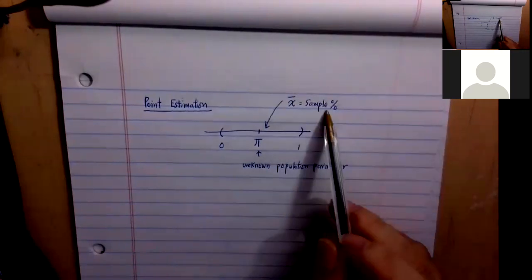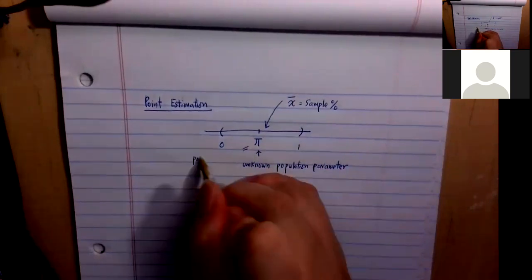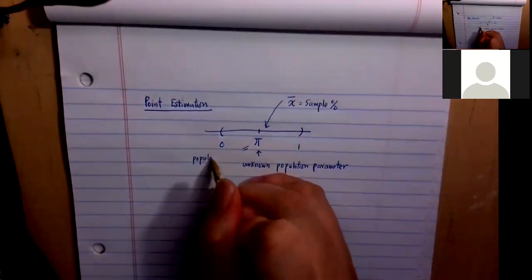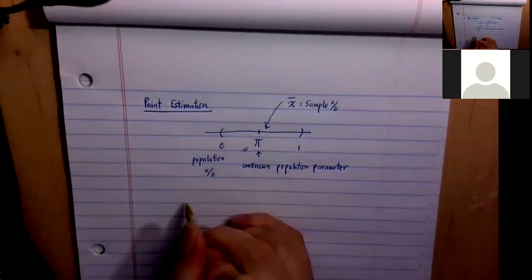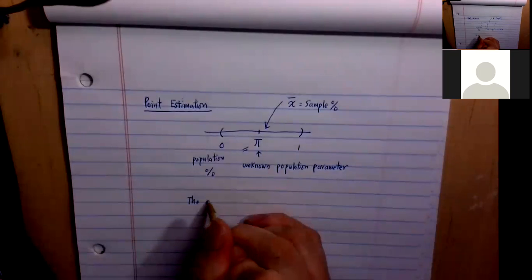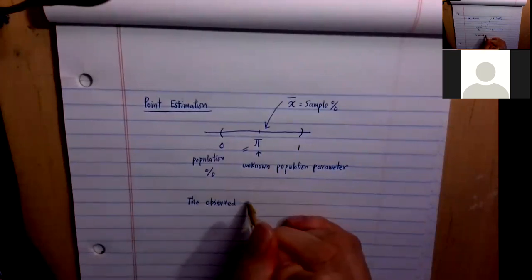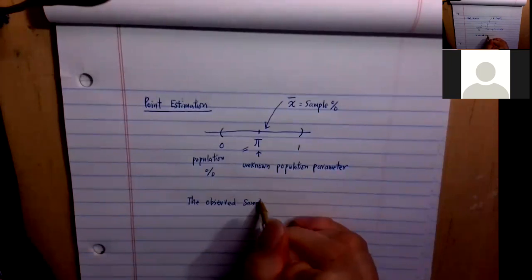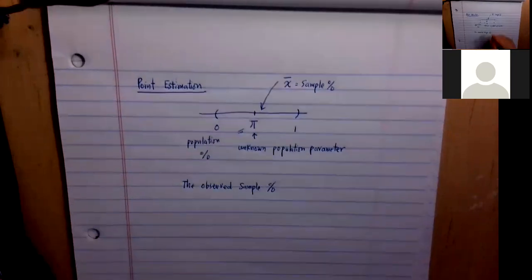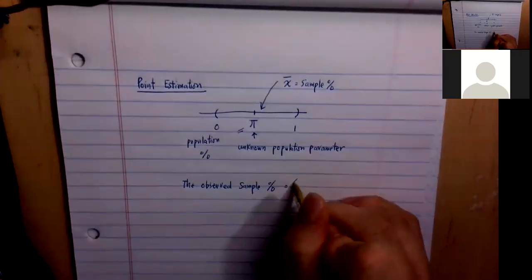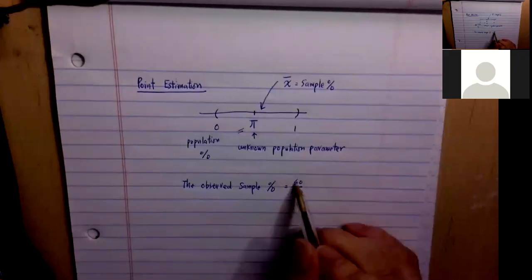We use the sample percentage to try to estimate the population percentage. The observed sample percentage is 40 out of 100. In 100 flips, we see 40 heads.